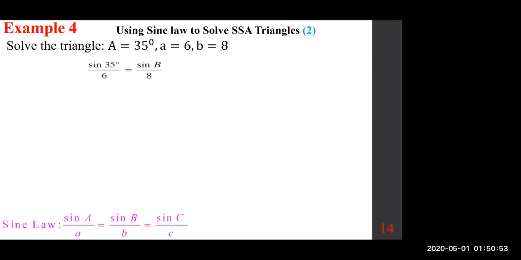Sine of 35 degrees over 6 is sine of b over 8. Really, there are different ways of writing this. It doesn't come out. This ends up being 1 or 2. You can just draw something if you want, class.